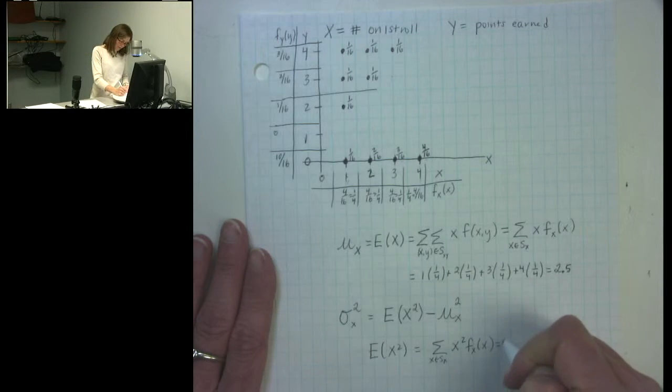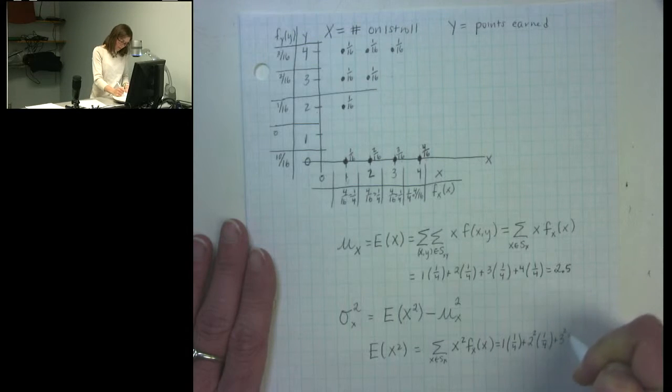So that's going to give me 1 times 1/4 plus 2 squared times 1/4 plus 3 squared times 1/4 plus 4 squared times 1/4, which gives me an expected value of x squared equal to 7.5.